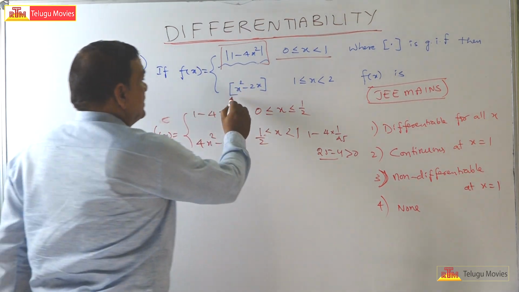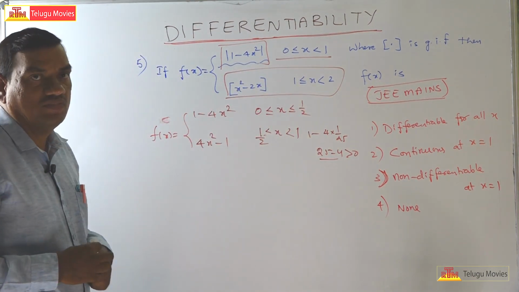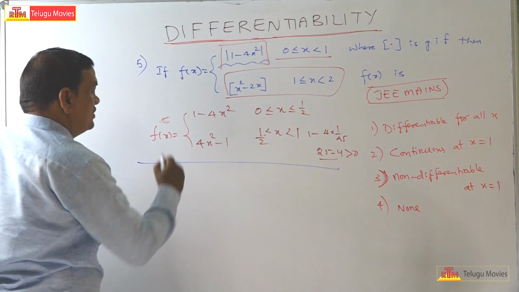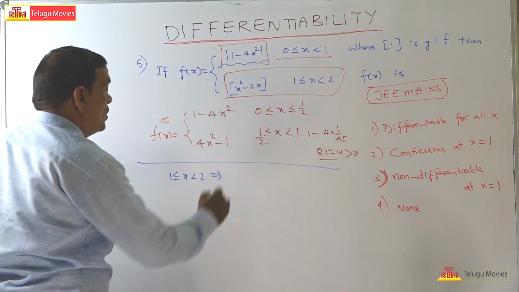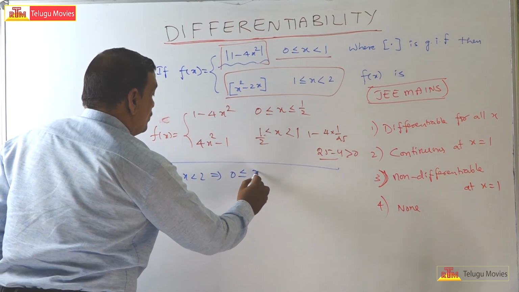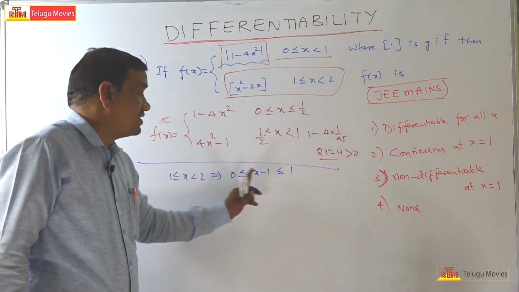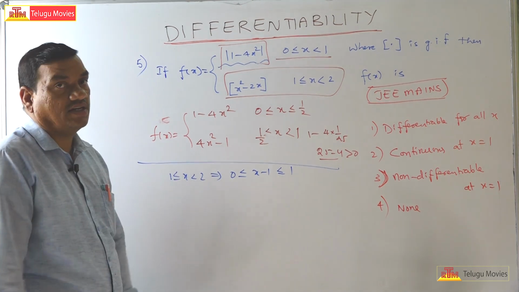Now coming to this modulus function, it should be very critical. See here how to do this. 1 ≤ x ≤ 2 means 0 ≤ x − 1 ≤ 1. That means your x − 1 lies between 0 and 1, since I have subtracted 1 on either side.